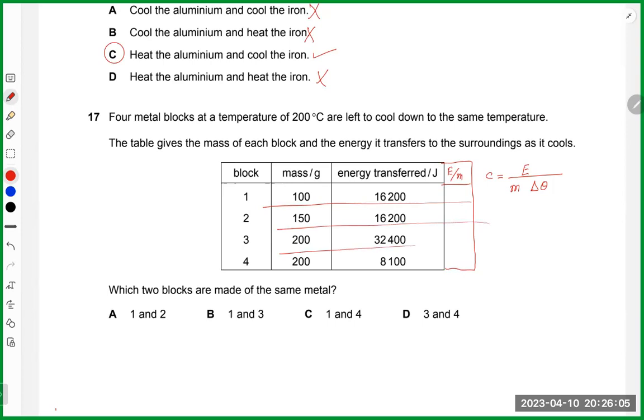For the first one, it will be 162. For the second one, energy divided by mass in joules per kg. Now 1620 divided by 150.